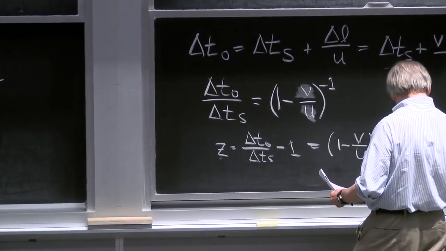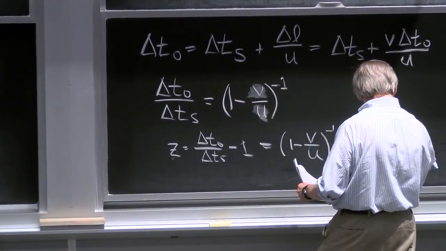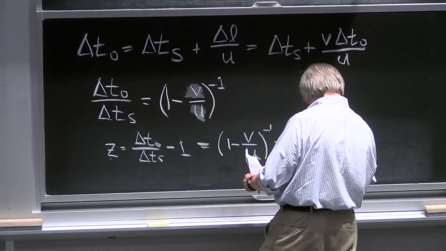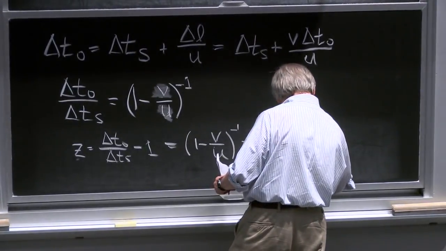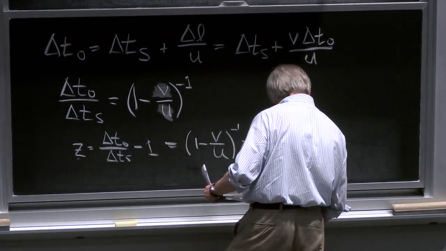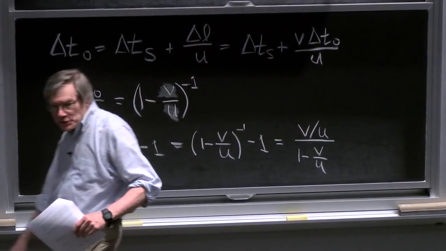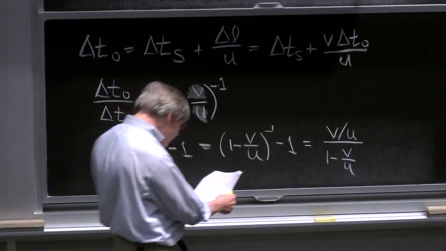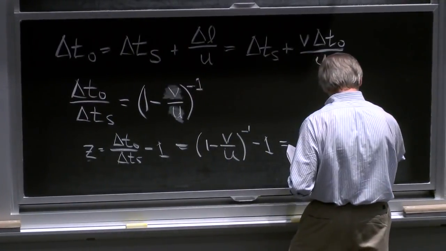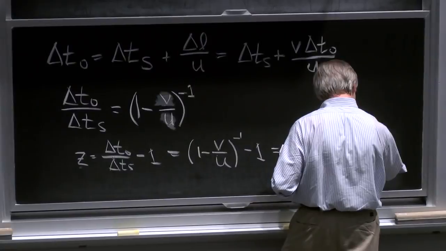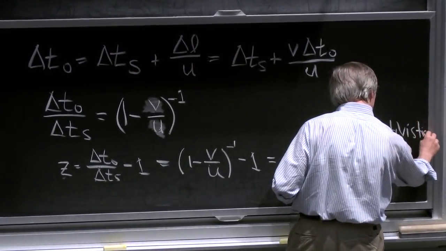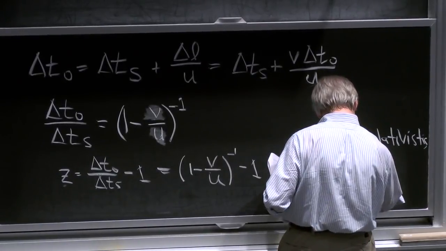And then just putting things over a common denominator, it ends up being v over u divided by 1 minus v over u. And that then is our final answer. So this now is the answer for the non-relativistic case again. We haven't done relativity yet. And the observer moving.